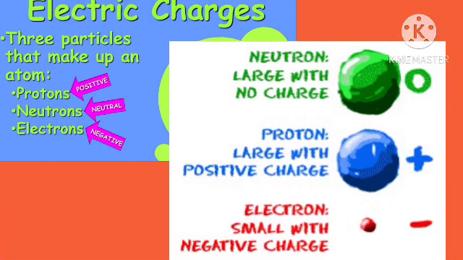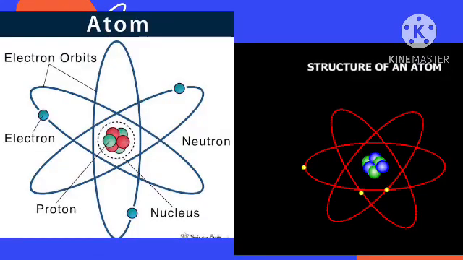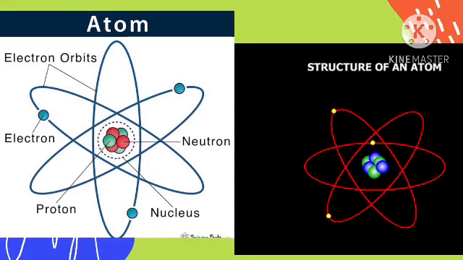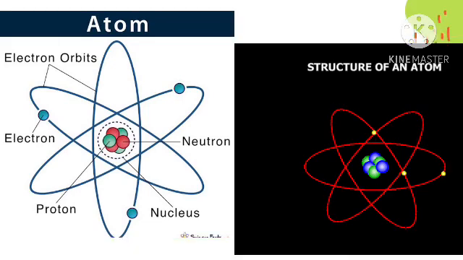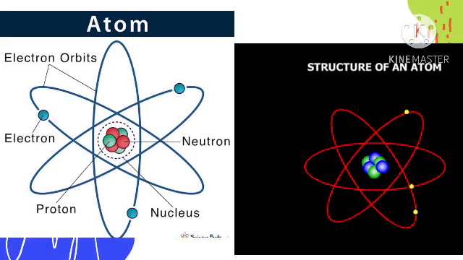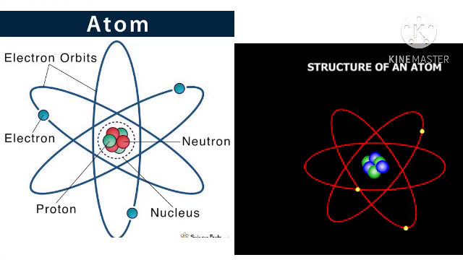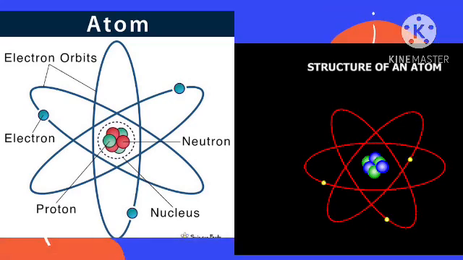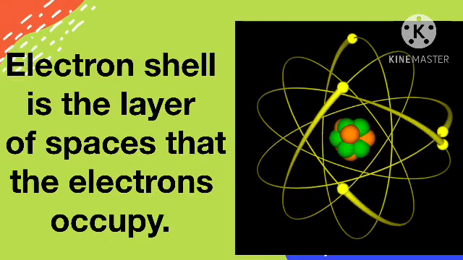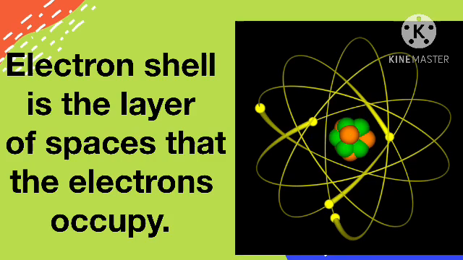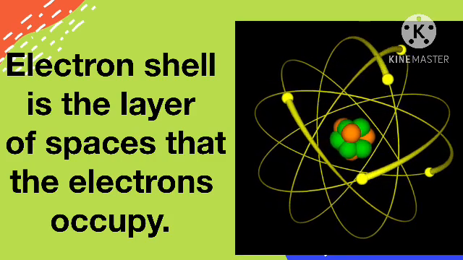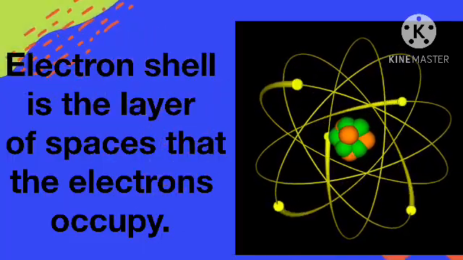The protons and neutrons are found at the center of the nucleus of an atom, and the electrons move outside the nucleus in spaces called electron shells. An electron shell is the name given to the different layers of spaces that the electrons occupy.